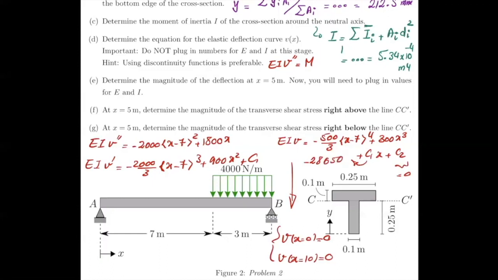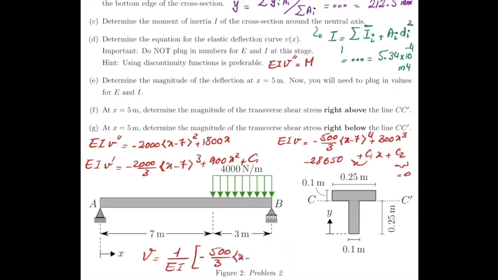All right, so this is all you had to do for this. If you really want to expand it, you can also do that. You can say V equals 1 over EI, minus 500 divided by 3, (x minus 7) to power 4, plus 300 x cubed, minus 28,650 x.